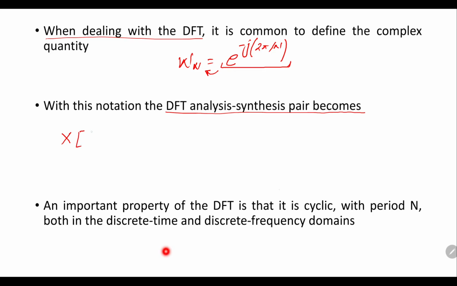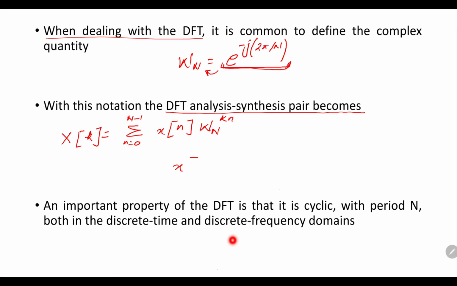So the above equation becomes X[k] equals the summation over n from 0 to capital N minus 1 of x[n] W_N to the power kn.